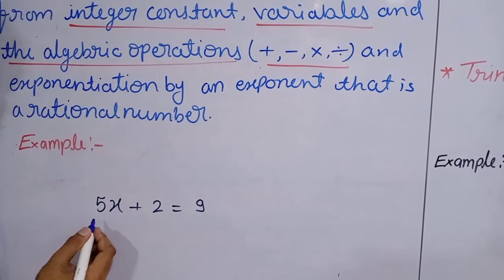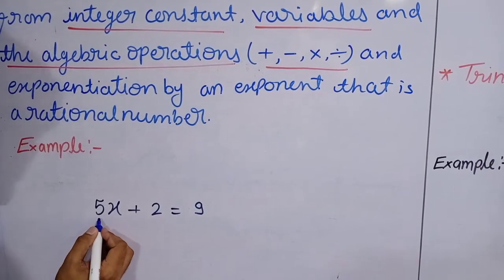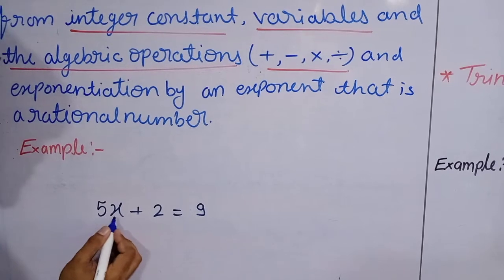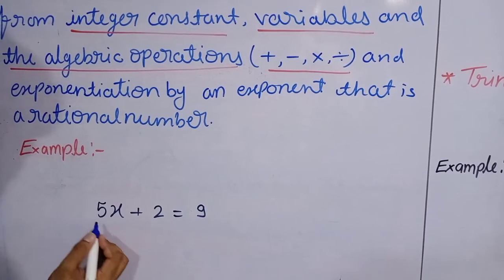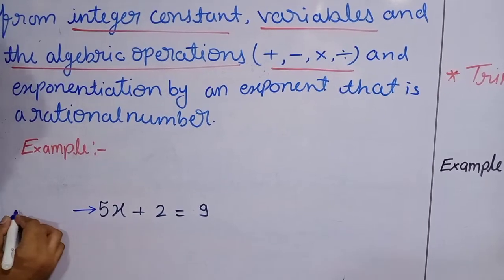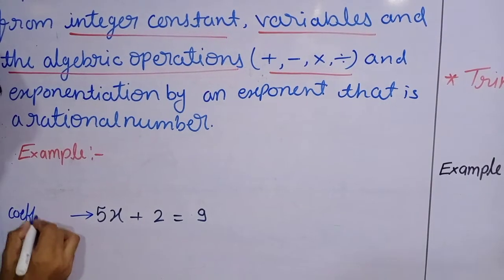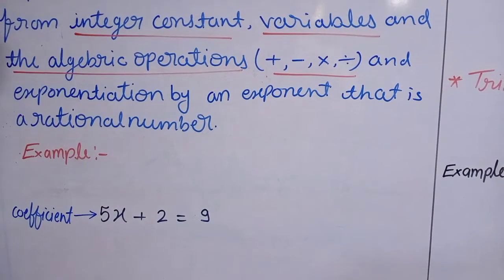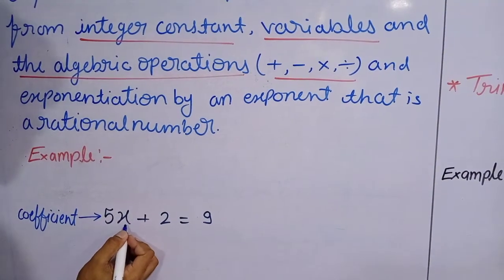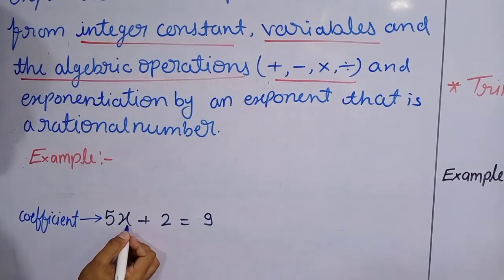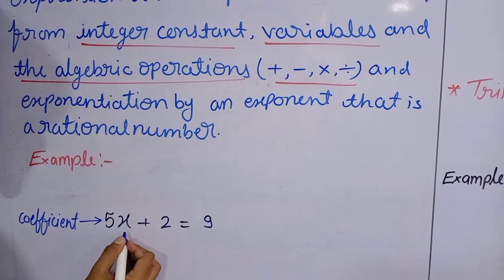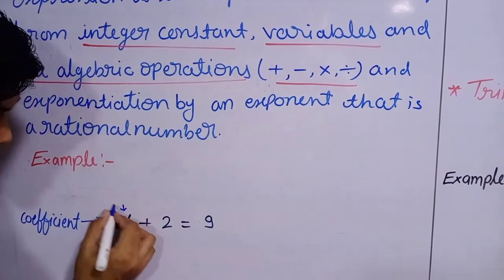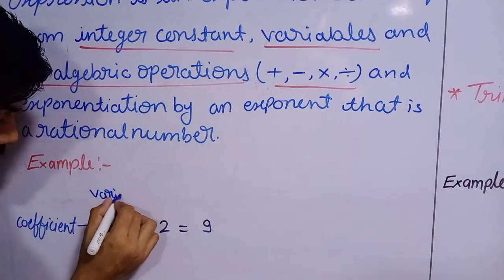Whenever a numerical digit comes within an algebraic expression with a variable, that is called a coefficient. The alphabets, whatever comes from A to Z, that is nothing else, that is a variable.